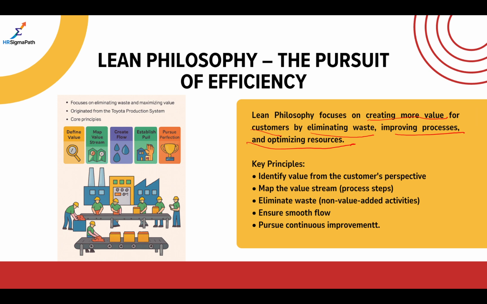It focuses on eliminating the waste and maximizing the value, originated from the Toyota production system, and this is the core principle they follow: define value, map the value stream, create a flow, establish the pull, and pursue perfection. So this is the core principle of lean philosophy.